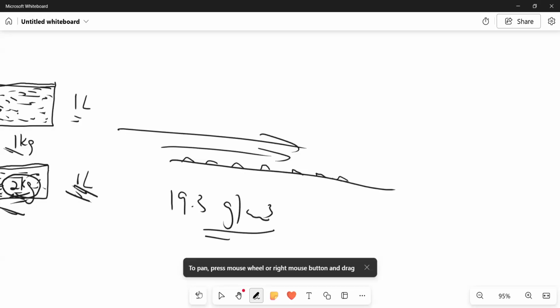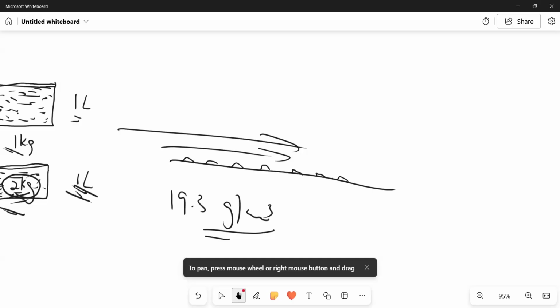as compared to, let me see if I can quickly Google the density of maybe sand. I'll Google clay, average density of clay.